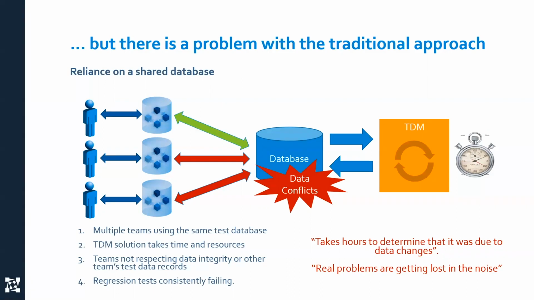We've seen many organizations that have approached this with traditional test data management solutions and said, hey, it's great up front, we get the data that we need, but managing it can be very difficult, especially understanding what happens when we're conflicting with each other or data is changing. And the real problems, the real defects that we're trying to find are just getting lost in the noise of the test data.